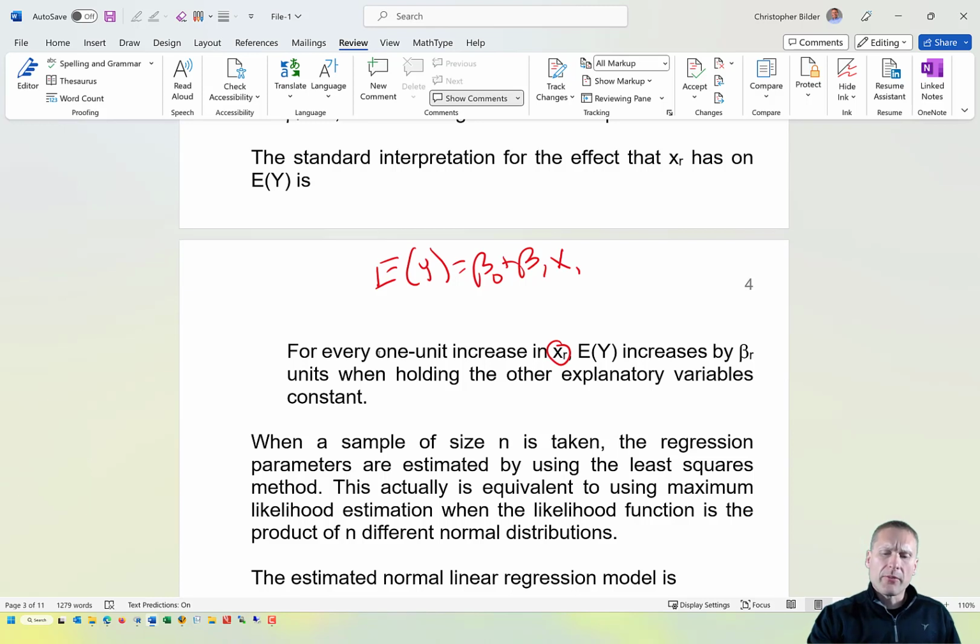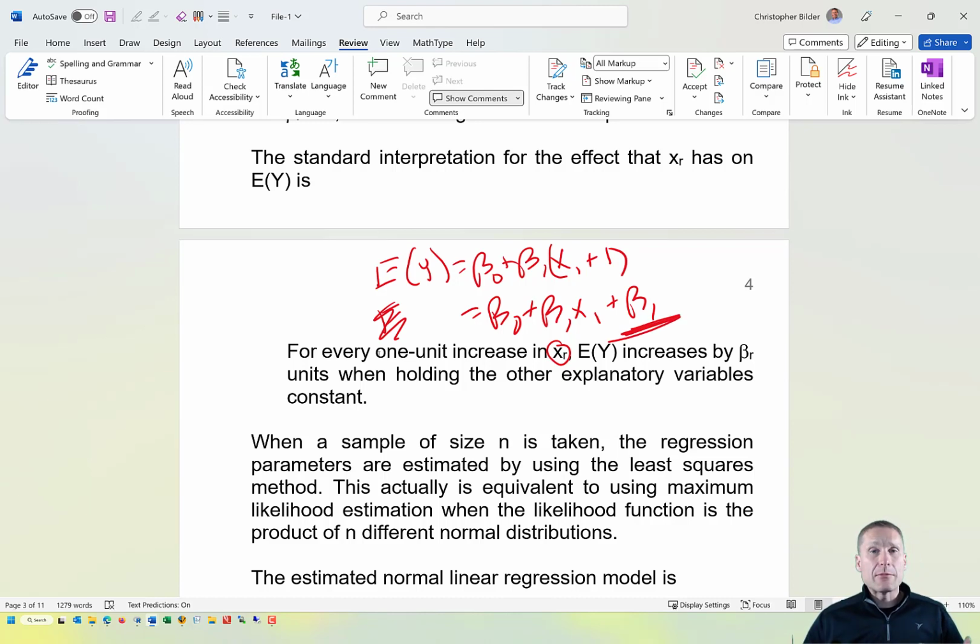Here's my model, and then let's say I look at it from the perspective of a 1 unit increase in x1, look what happens. I can rewrite it like this. Notice that the expected value of y has actually increased by beta 1 when x was increased by 1.